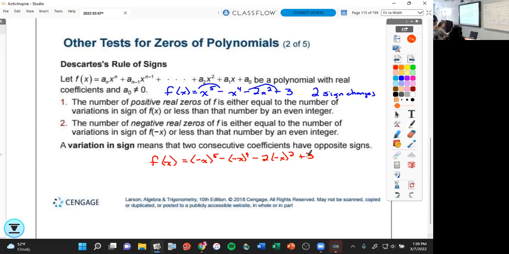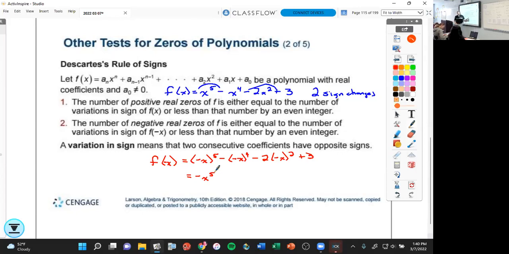What happens when you raise a negative number to an odd power? A negative number to an odd power stays negative. Okay? So notice that this was x to the fifth. What is it now? Negative x to the fifth. This was negative x to the fourth.